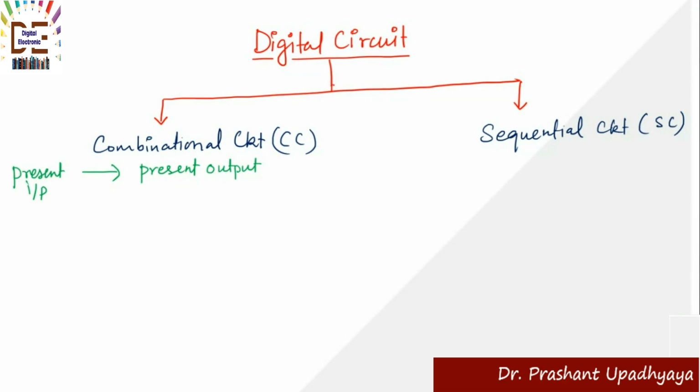When we are talking about the sequential circuit, the present output can depend on the present input as well as on the past input, that is, the previous input.